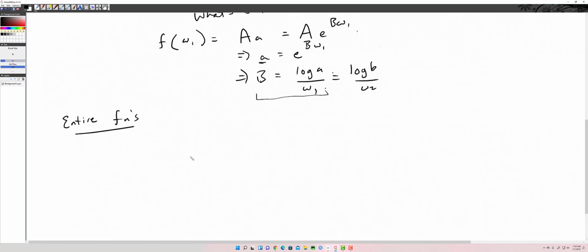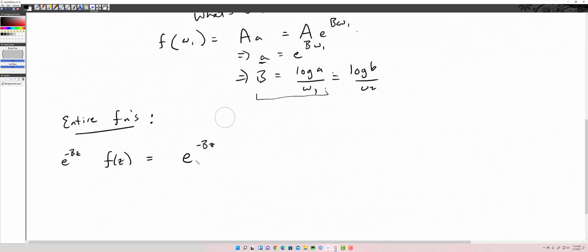Because this is an entire function, we're going to ignore, for now, this linear scalar, this big A. And we're going to multiply f of z, not assuming that it's of this form, by e to the minus bz.